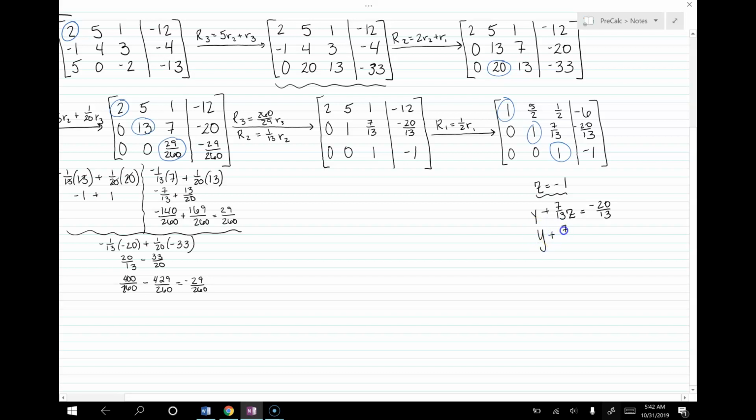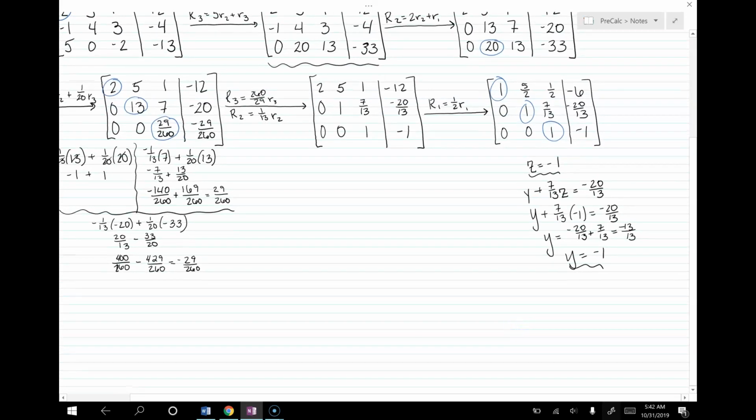So y plus 7/13 times negative 1 is equal to negative 20/13. So y is equal to negative 20/13 plus 7/13, which is negative 13/13. Ladies and gentlemen, y is just negative 1. Yay!